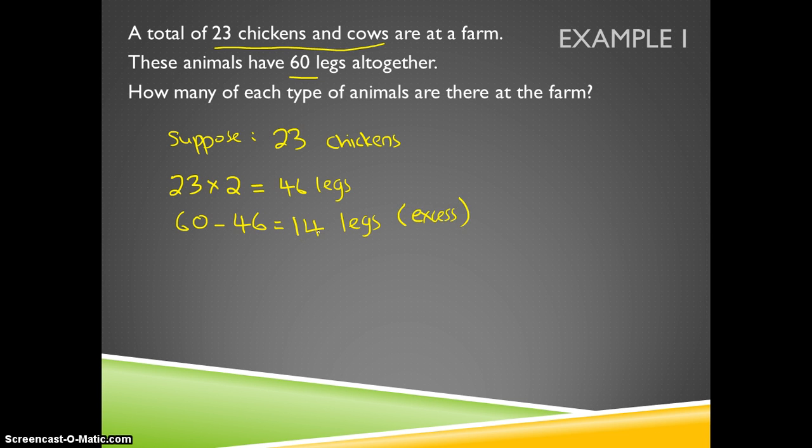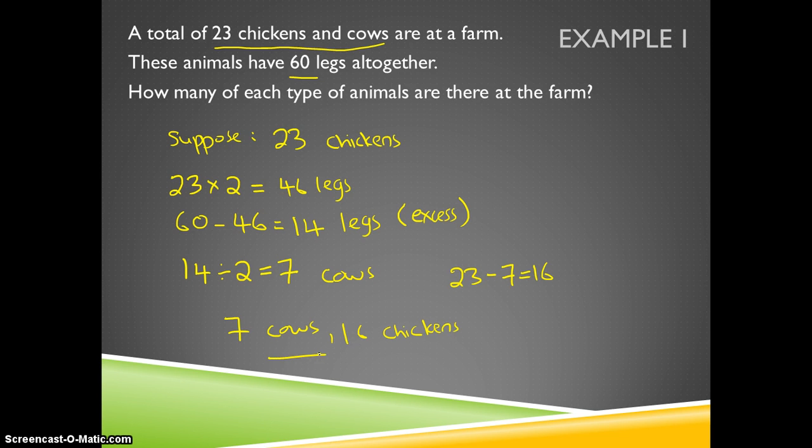These 14 legs must belong to cows. Since a cow has 2 more legs than a chicken, I take 14 divided by 2, and that will give me 7. So there are 7 cows altogether. If there are 7 cows, how many chickens will there be? 23 minus 7, and that will give me 16. So this will be 16 chickens.